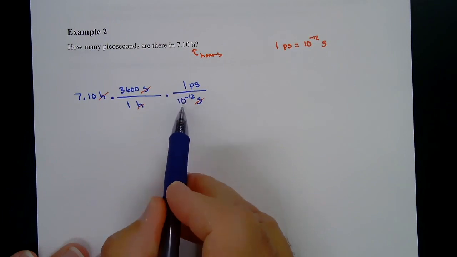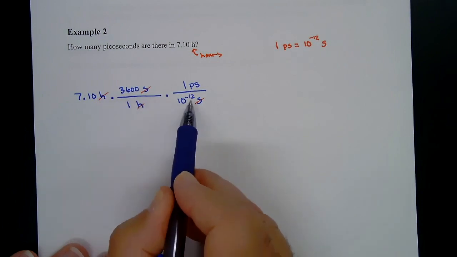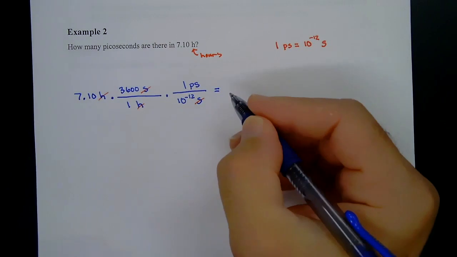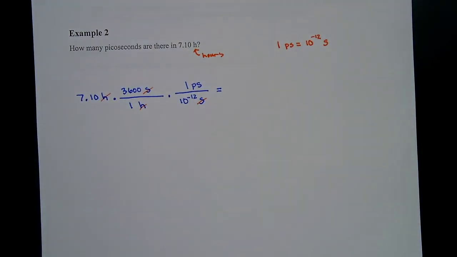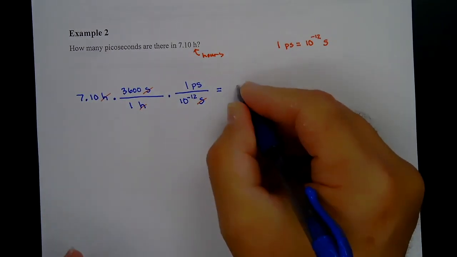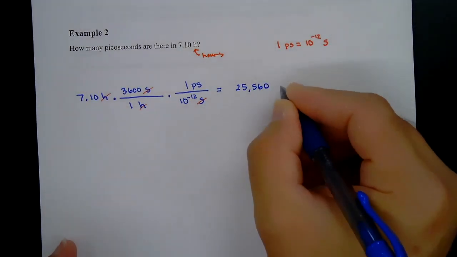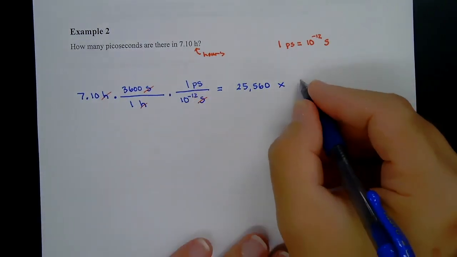I'm going to keep this as 1 over 10 to the negative 12, and I'm going to multiply the 7.10 times 3600, because any 10 to a power I want to keep by itself. That's just helpful in writing our final answer. So 7.10 times 3600 on the calculator is 25,560. So this is 25,560 times 1 over 10 to the negative 12 picoseconds.